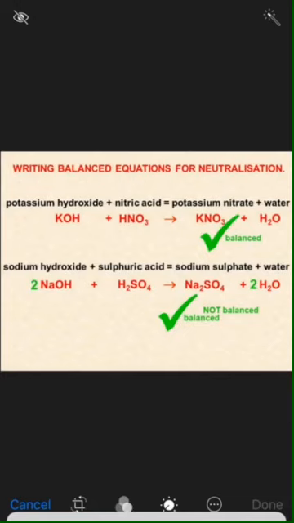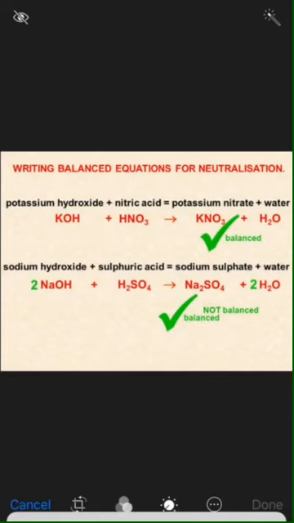Here we have potassium hydroxide. Potassium hydroxide is a strong alkali reacting with nitric acid, as you see. Here we take the OH from hydroxide with H from nitric, so the hydrogen ion from the acid and the hydroxide ion from the alkali, making water.